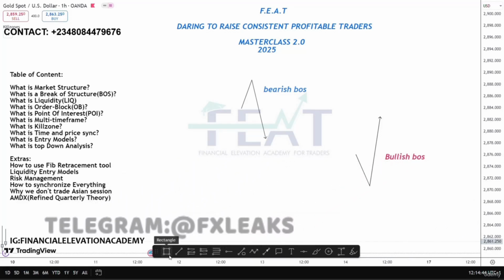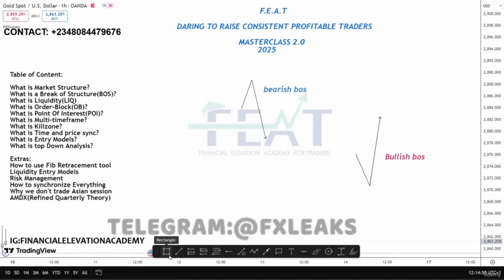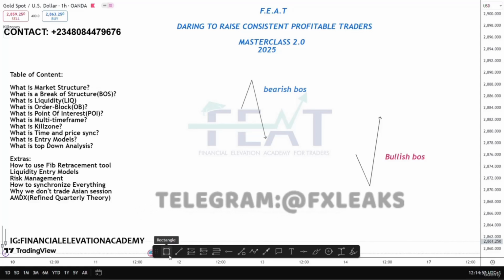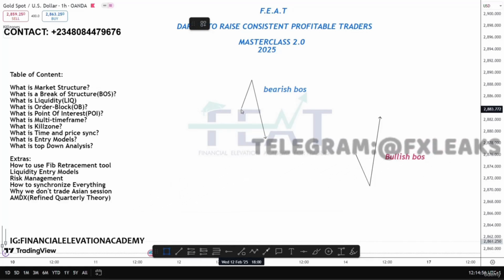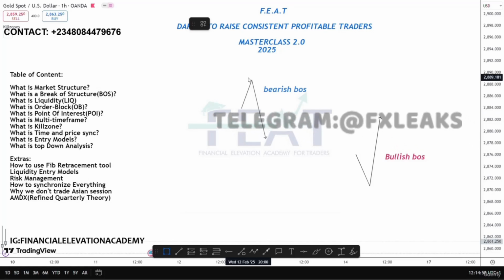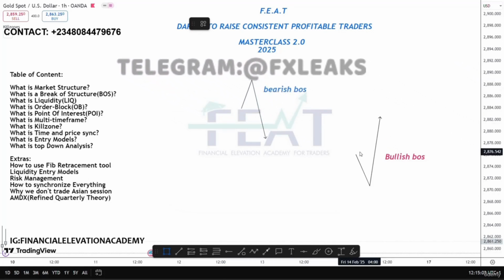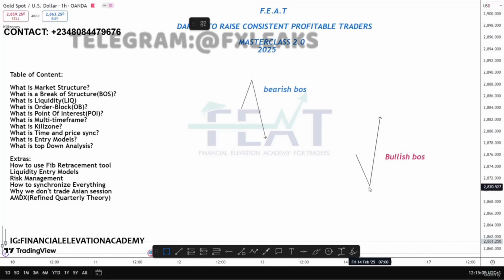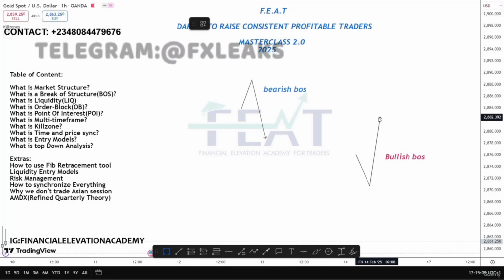Now, the order block, with the way I see it now and the way I've understood the chart over the years, I can tell you that the order block is the last heavy buys you saw, or the set of buys you saw, or the set of sells you saw before the market had a heavy rejection that led to the breakout structure.